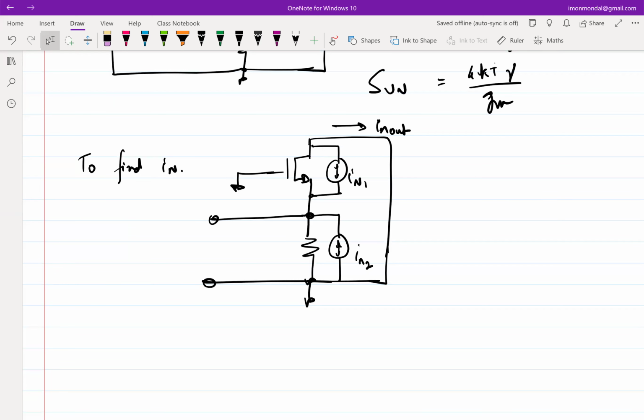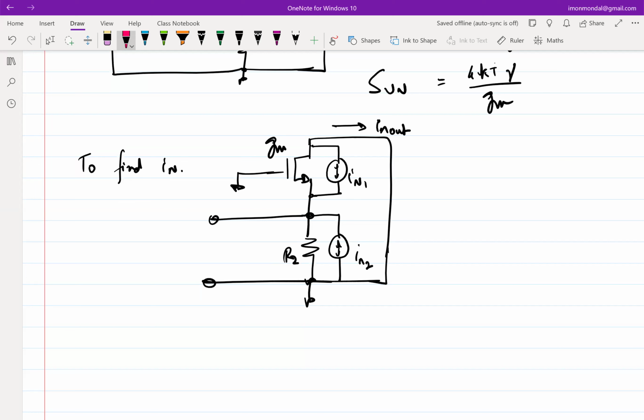Fine. So tell me, what should I do? Let's consider the case for the noise of R2. How will I go about figuring out the contribution of IN2 in IN out? Right, we'll come to IN1.